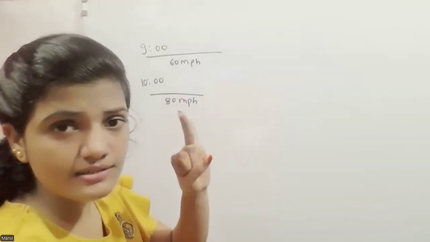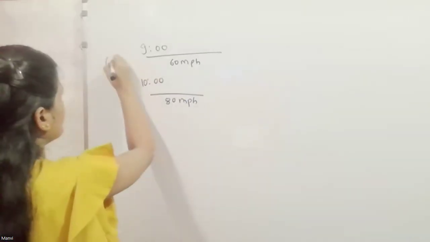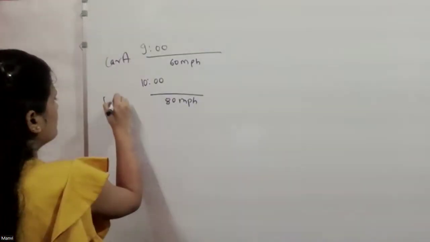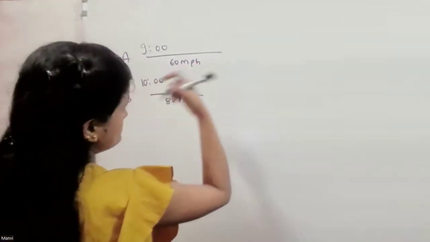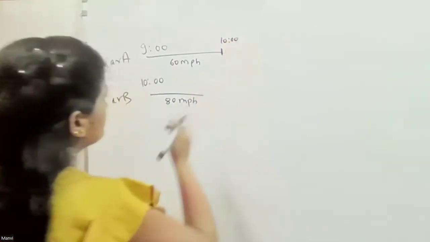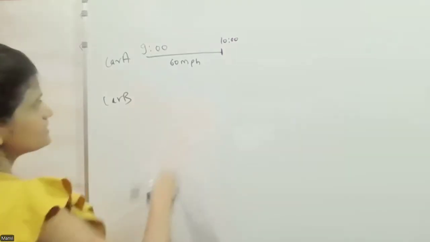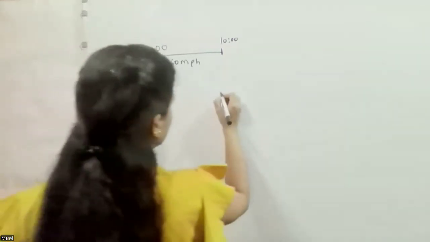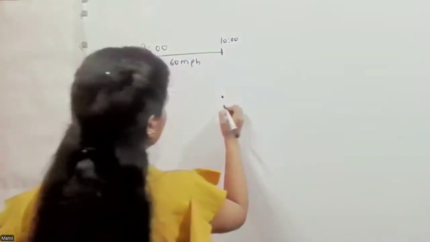That means after 2 hours, right? So in 1 hour, car A reached 60 miles. At 10, car A is at 60 miles and car B just started.